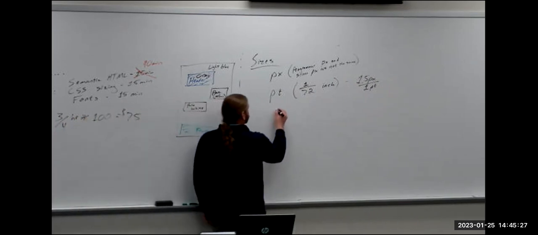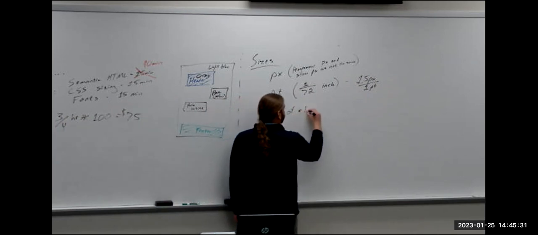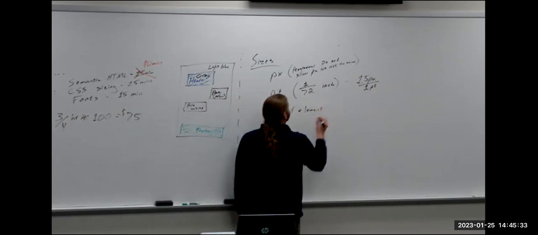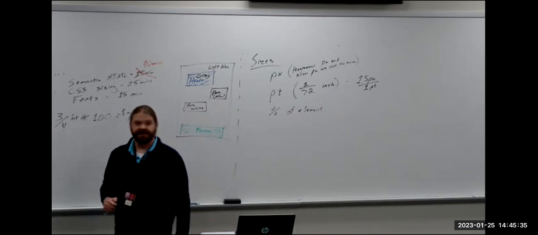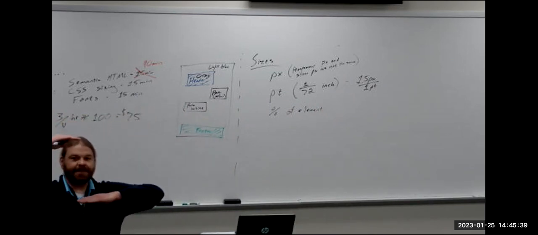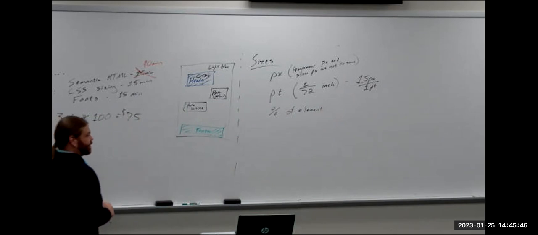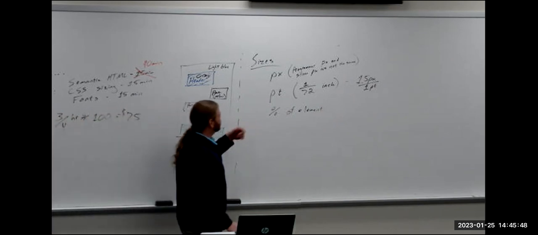Percent of element. So if we go through and say make the header container 80 pixels tall, we can say make the text in there 40% of the container of the header. So we can do it as a percent.